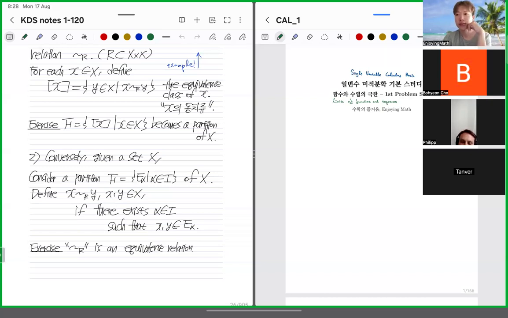Also, Tanfir can ask Philip or me for some definitions we had: you can choose between the definition of injective function, or one-to-one function, onto function, or the definition of partition.